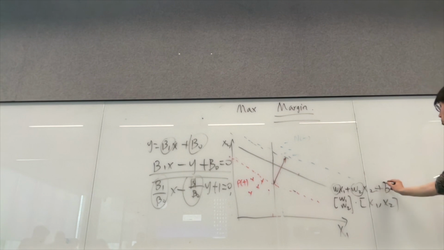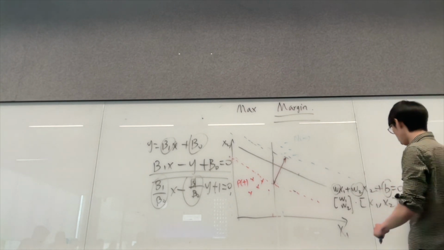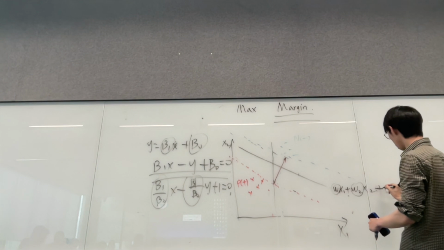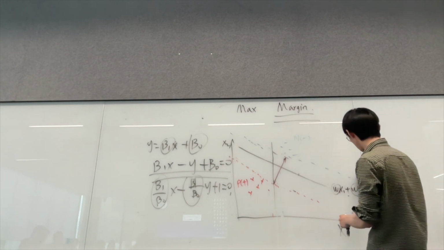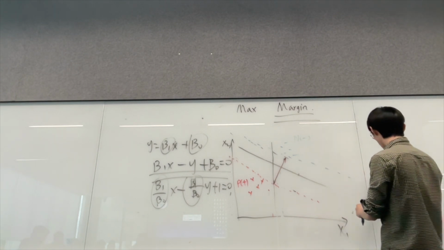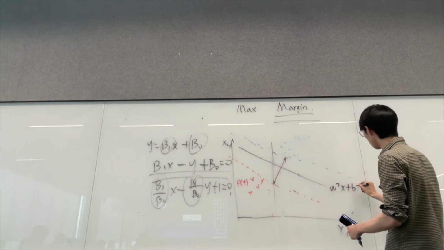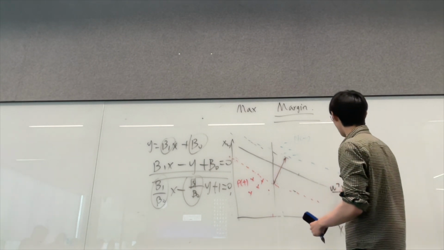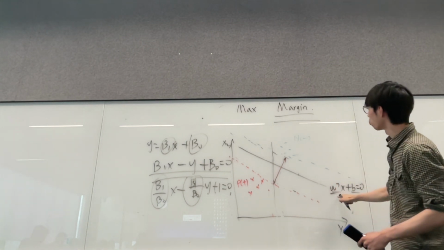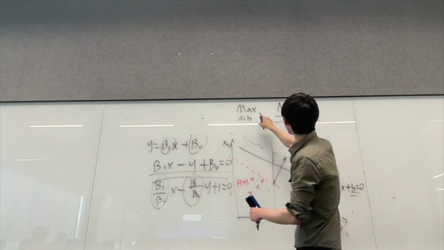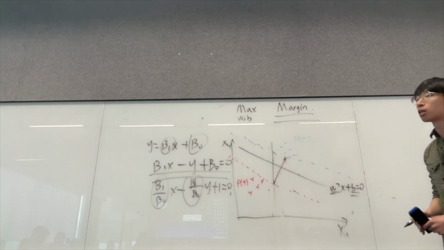W1, W2, and B, right? So just make it simple: W transpose x plus b equals 0. And we want to find W and B. Then this W and B will maximize this margin, right?